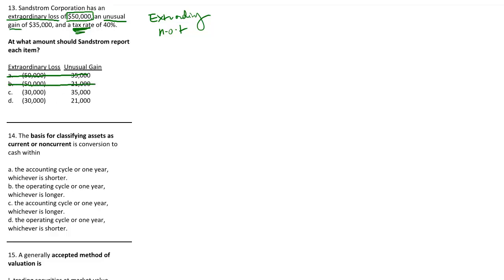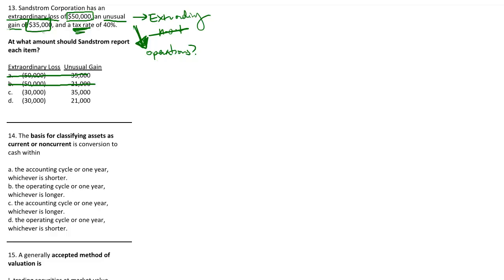So the question is, our unusual gain of $35,000, is that separately reported, or is it part of our operations? Okay. It is unusual, but it doesn't say that it is infrequent, so we can assume that this is going to be included in our operations here, which means that we are not going to record it net of tax.